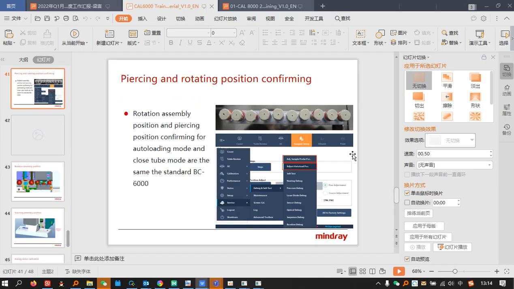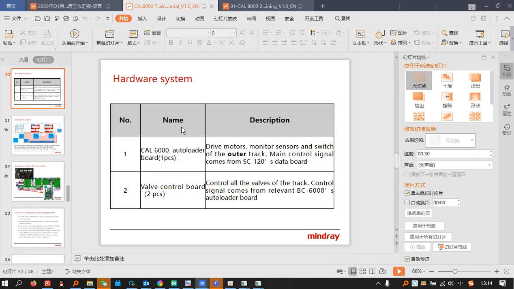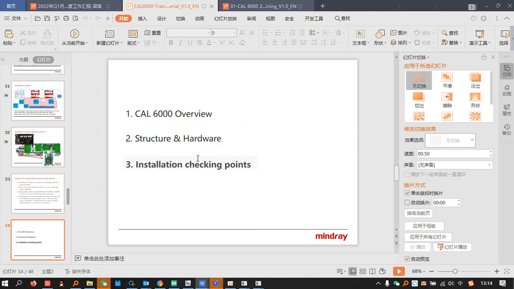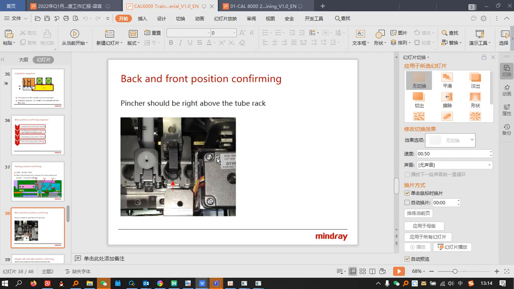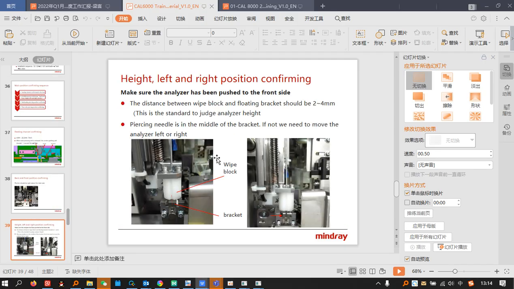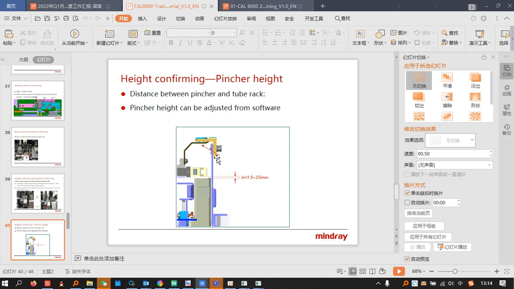Okay, do you have any question about this PPT? The check itself is quite easy, but during the installation, the cable connection may be a little confusing, because during your first installation, it's easy to ignore the CAN bus connection.